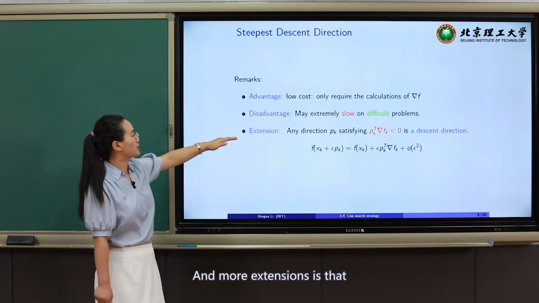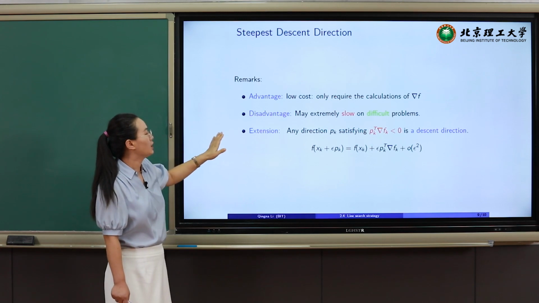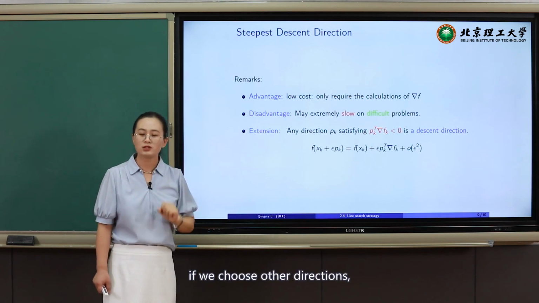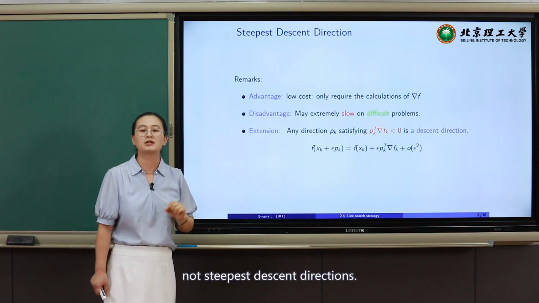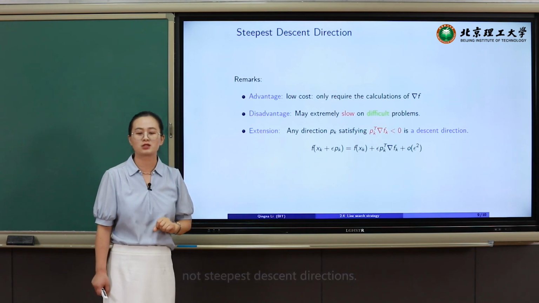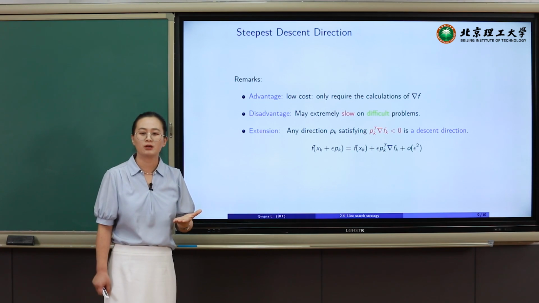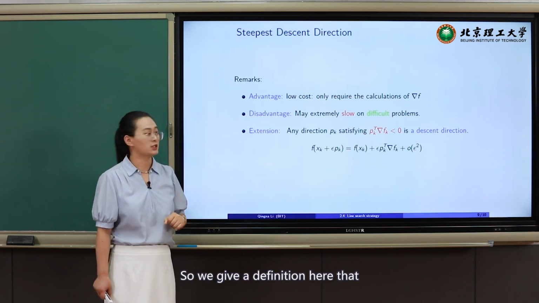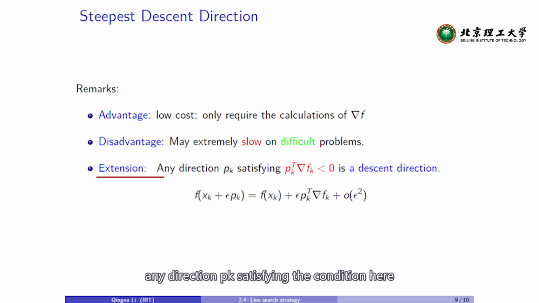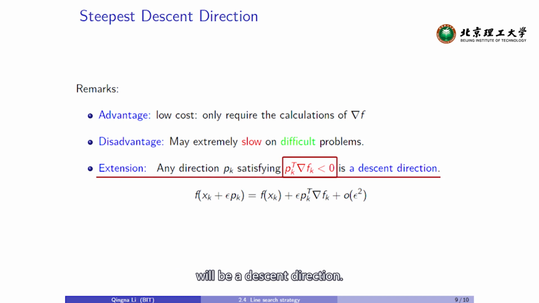As an extension, if we choose other directions, not the steepest descent direction, what kind of conditions can we choose? We give a definition here: any direction pk satisfying the condition here will be a descent direction.